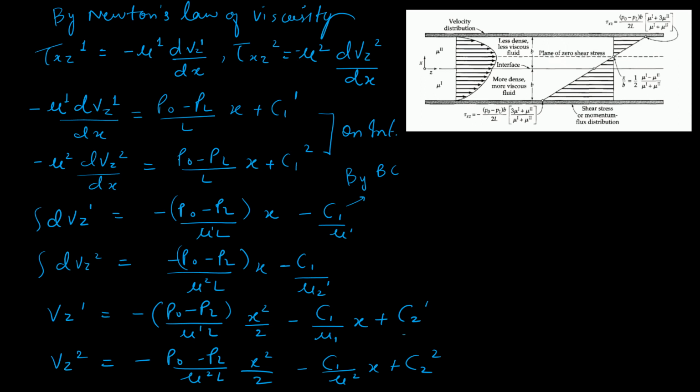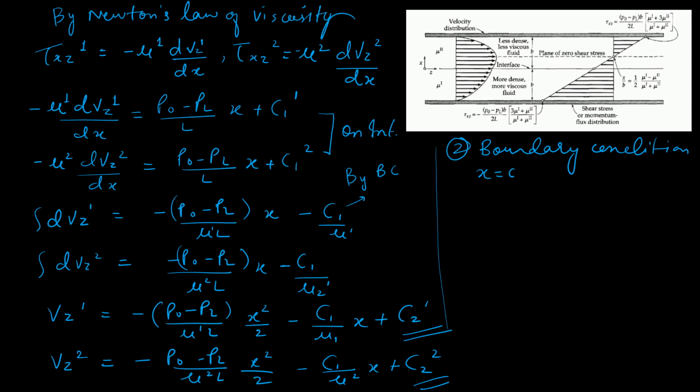Now to find the value of C2, we will see the second boundary condition. So at x equals to 0, we see tau xz1 equals tau xz2. Similarly, vz1 is equal to vz2 because the velocity component is the same at the interface.